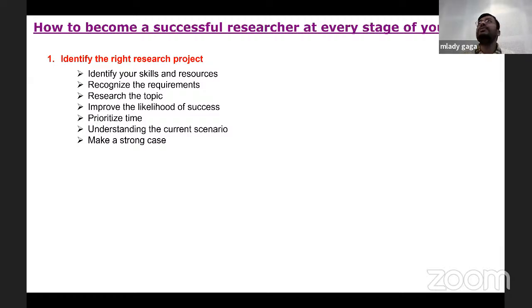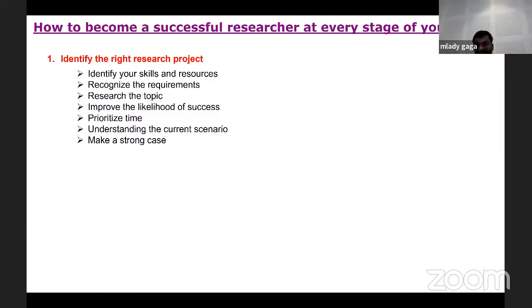Because if you try to do everything, you might not finish anything. So prioritize your time. And understand the current scenario: what is more important, where you are standing, how many years are left to submit the final report of the proposal, when you have the next meeting over this.